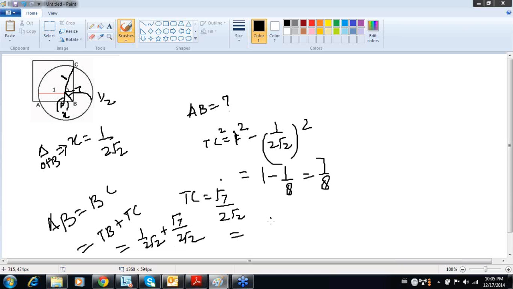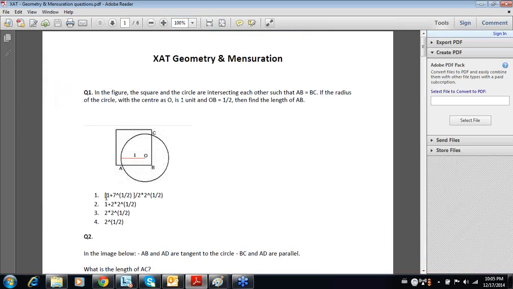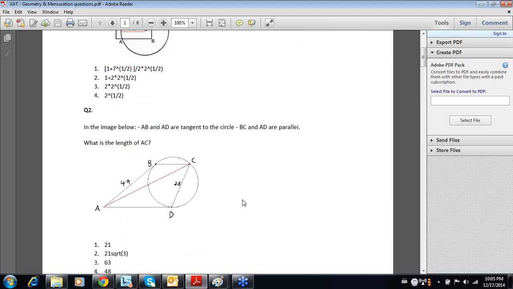So it will come out to be 1 plus root 7 upon 2 root 2. This will be the final answer. Let me see if we have our option. Yes, we have option 1 as 1 plus root 7 upon 2 root 2. So we'll go ahead and mark option number 1. Let me go to question number 2 now.